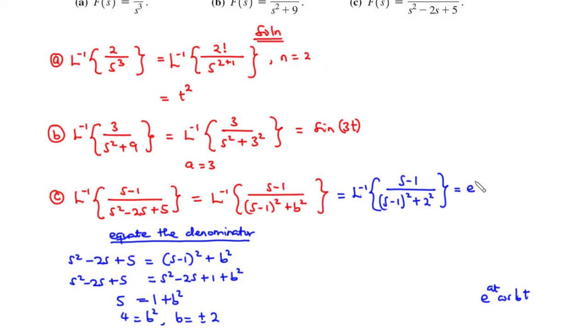So we have e to the power 1 times t times cosine of bt, and then b is 2. So 2t. Therefore we have the inverse Laplace transform of this function as e to the power t cos 2t. Now let's move on as we solve the second example.